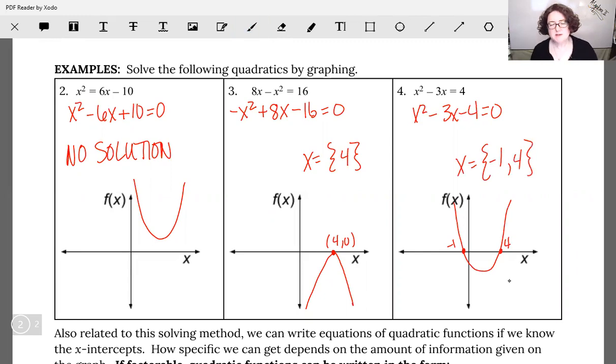So just like we did with solving by factoring, if we start with a graph and we know the x-intercepts, we know the zeros, we can actually start writing equations just from that. If we happen to also know extra information like how far it's being stretched or what our vertex is, then we can start playing around with which format we start writing.